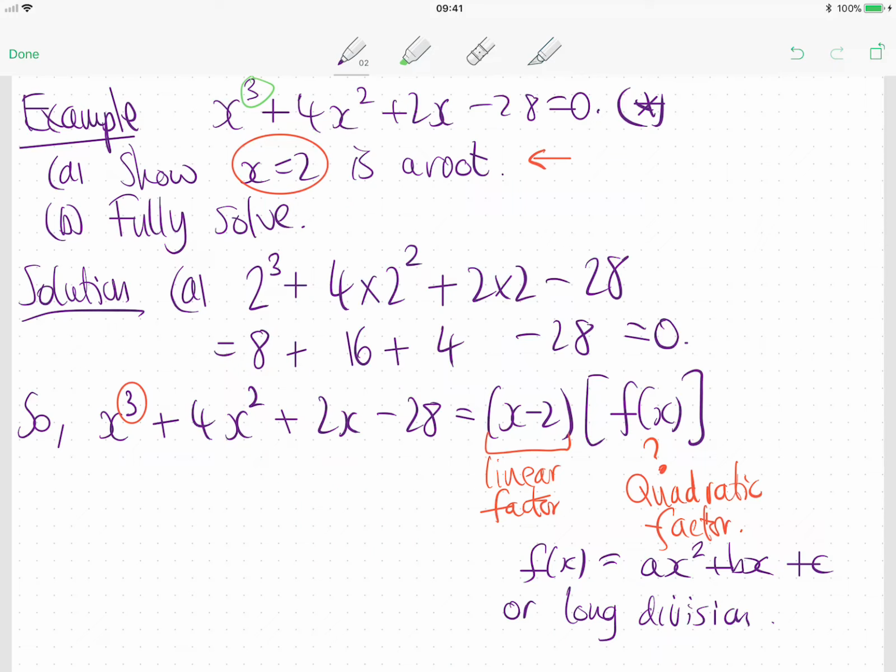I'm going to solve this using long division. So let's start a clean page, and on that page we're going to take this and divide by this so that we can find f. Okay, so let's do it.